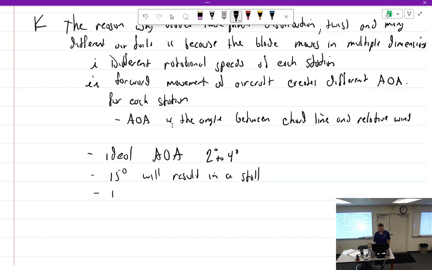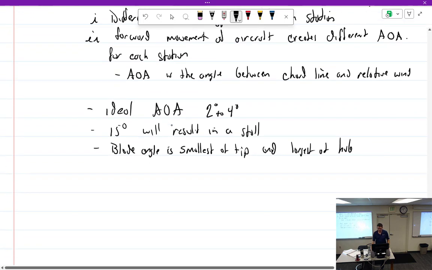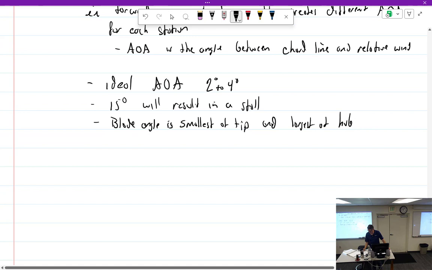Blade angle is smallest at the tip and largest at the hub. And why is that? Because each section is moving at different speeds. And which one's moving the fastest? Tip. Okay.